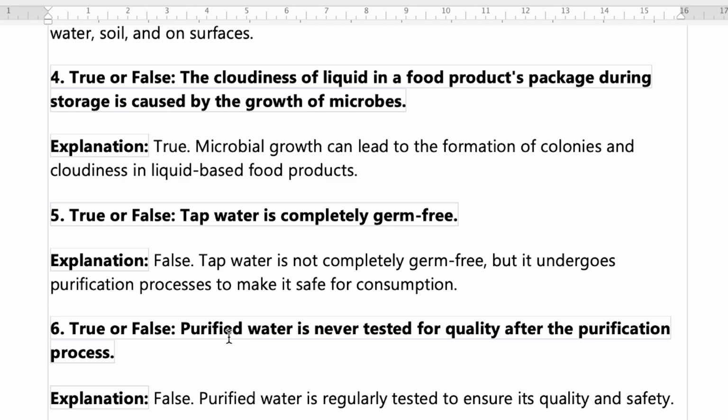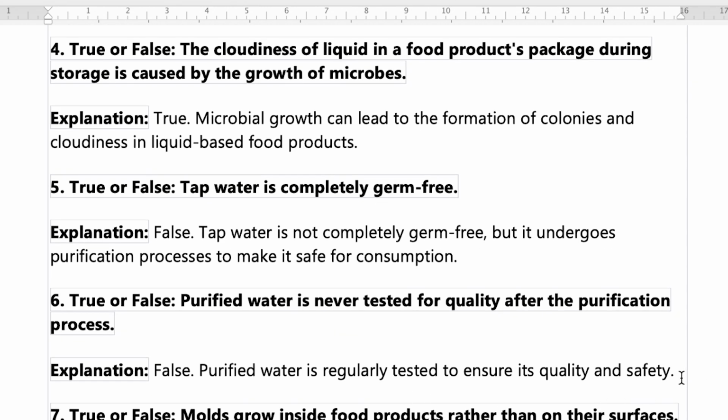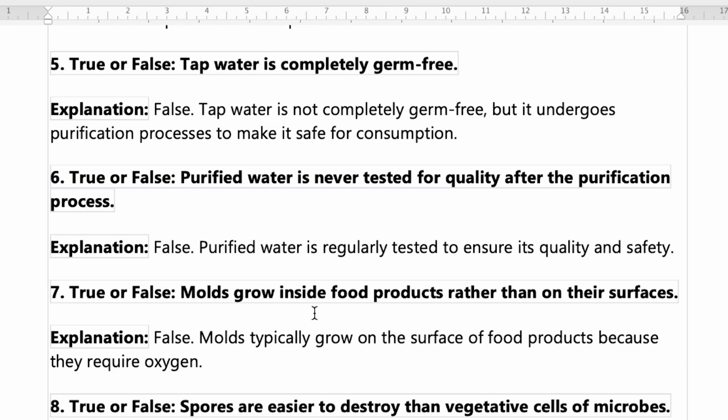Six, purified water is never tested, so it is wrong because it is regularly tested to ensure the quality and safety. Number seven, mold grows inside food product rather than on the surfaces. The explanation is that mold typically grows on the surfaces of the products because they require oxygen.